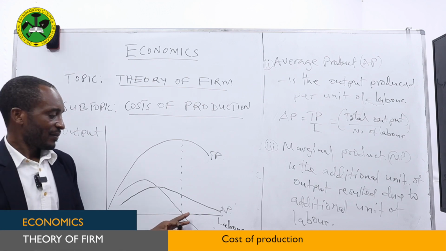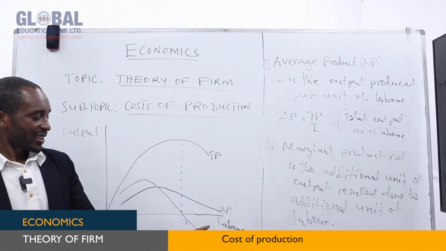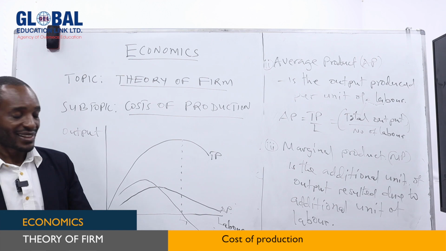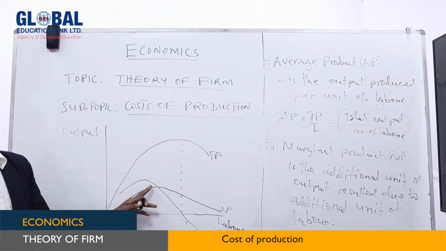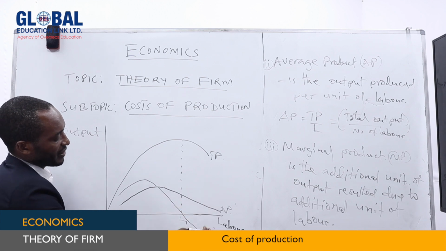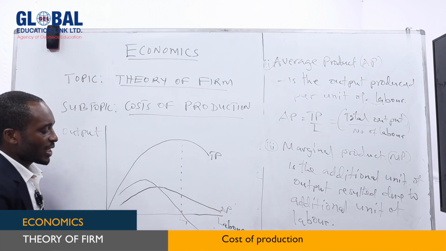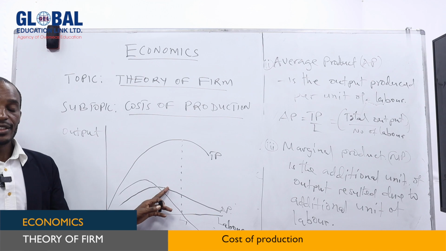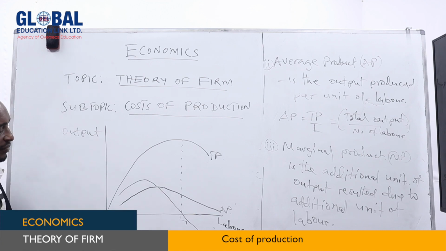So when the average product and the marginal product intersect, it means the average product will be at a maximum. So when the two curves intersect, the average product is at a maximum.